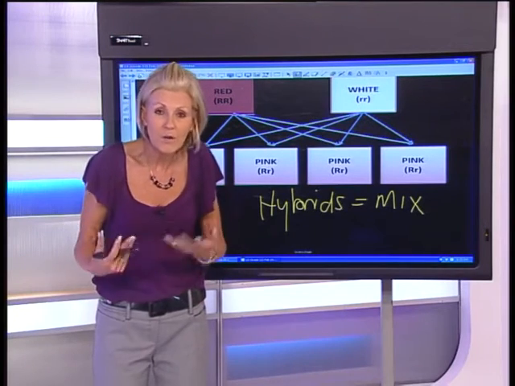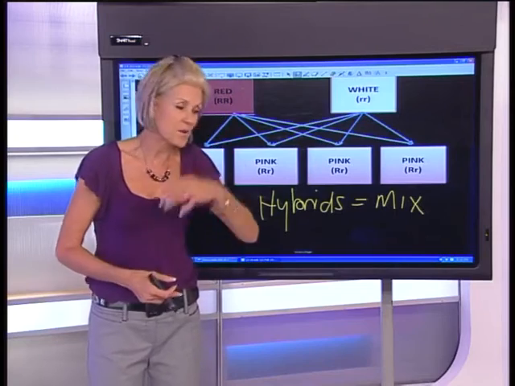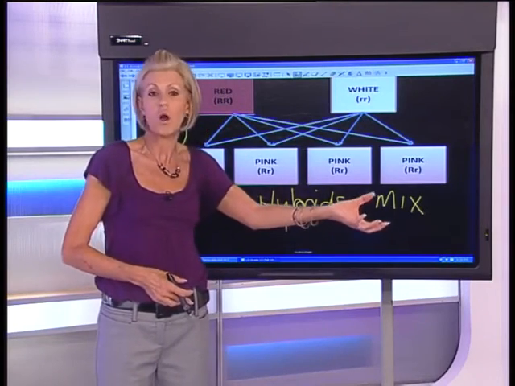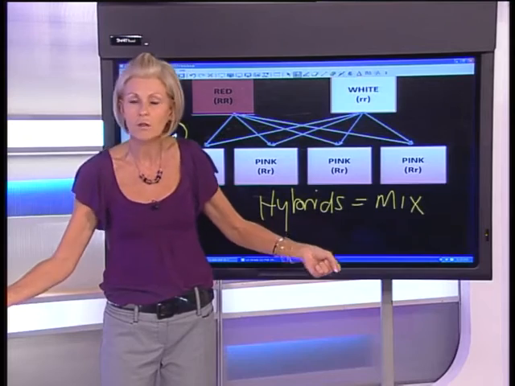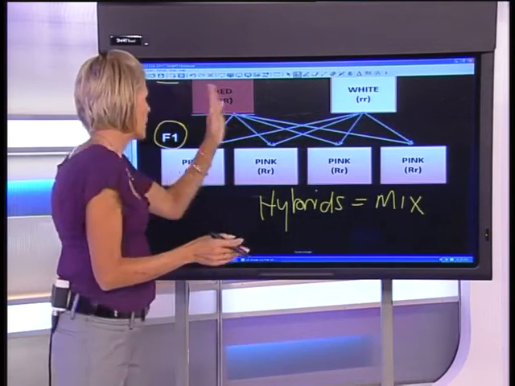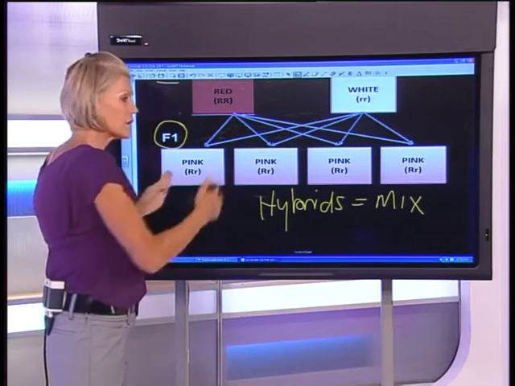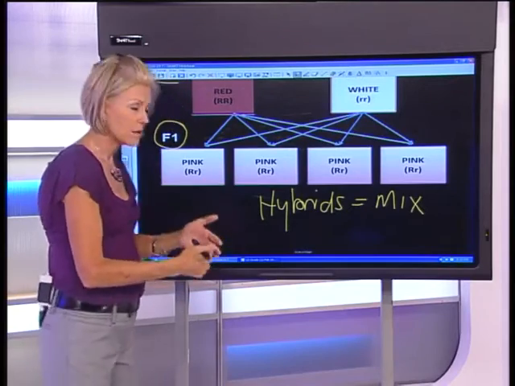You know, it's like Goldilocks and the Three Bears. Daddy's porridge is too hot, Mommy's porridge is too cold, Baby Bear's porridge is just right. So red, white gives you pink. Black, white gives you gray.